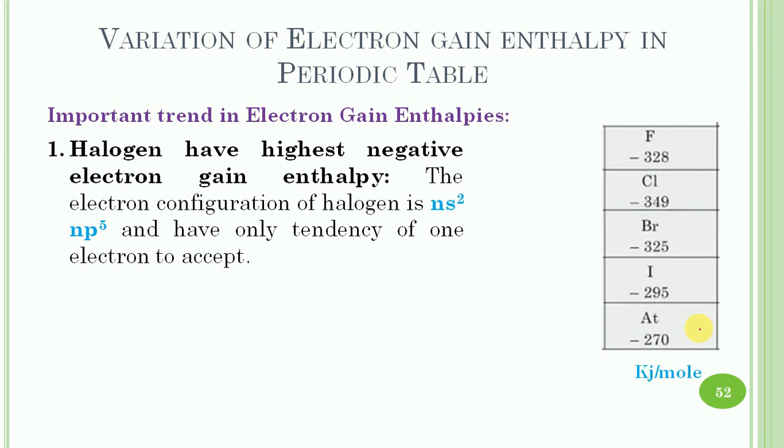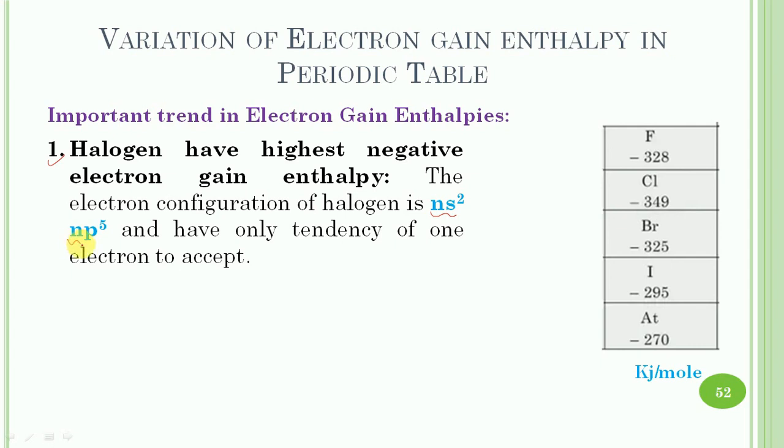Important trends in electron gain enthalpy. The first one: halogens have the highest negative electron gain enthalpy. The electron gain enthalpies of the halogens are highly negative, and this is due to their electronic configuration, ns2 np5.